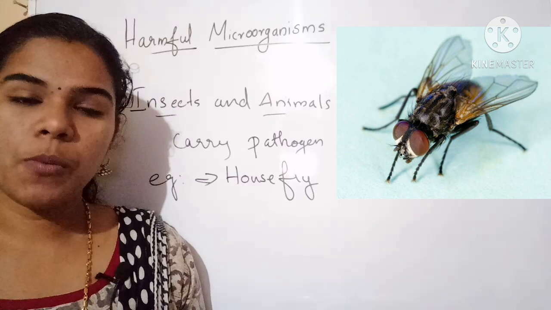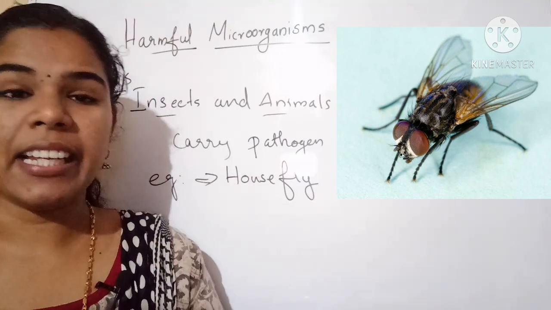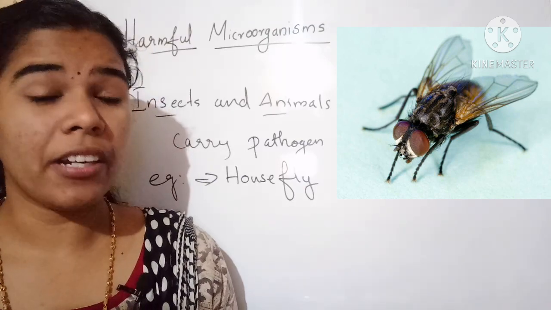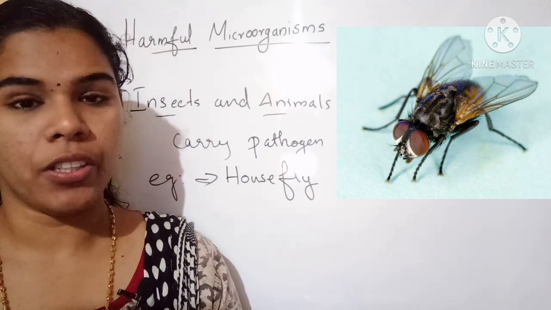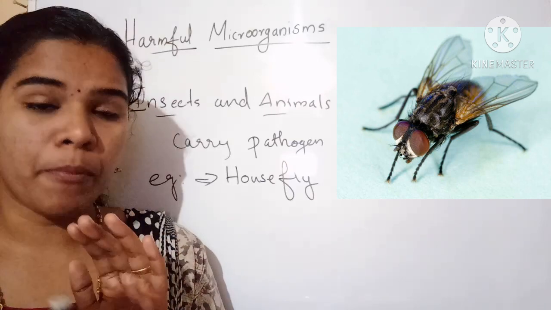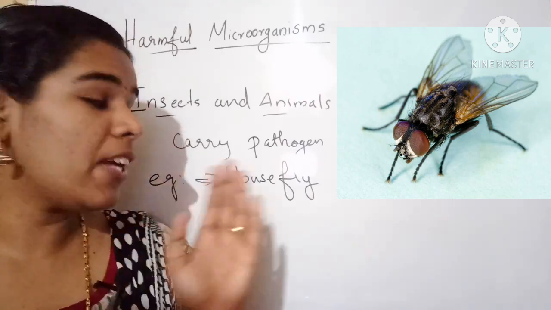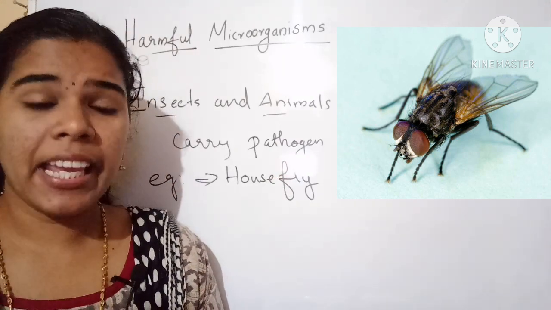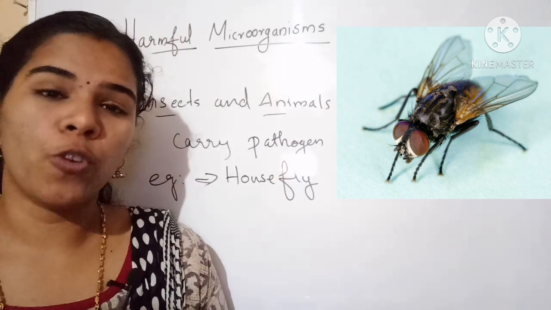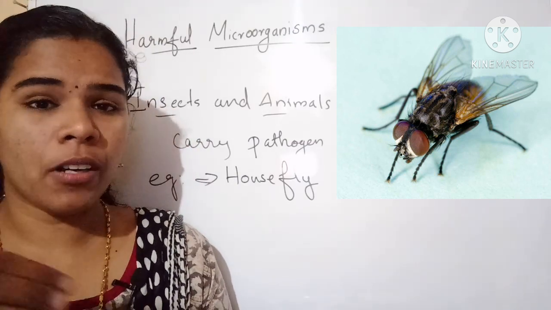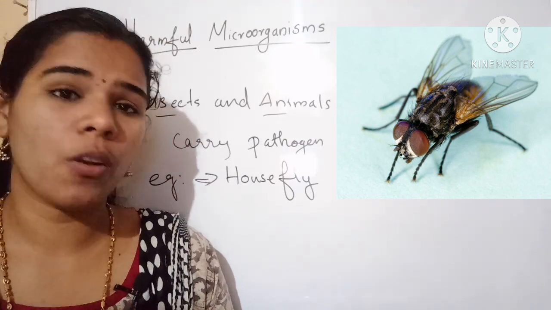Okay, because they sit on garbage, and we know garbage contains many different kinds of pathogens, these pathogens stick to their body. So when this housefly sits again on open food, what happened? Open means that food we do not close.